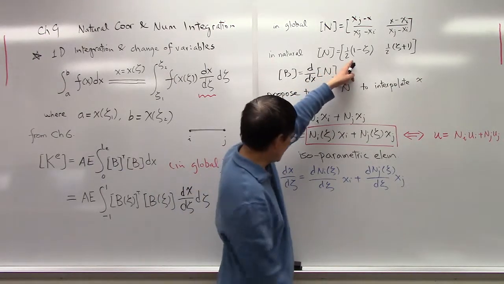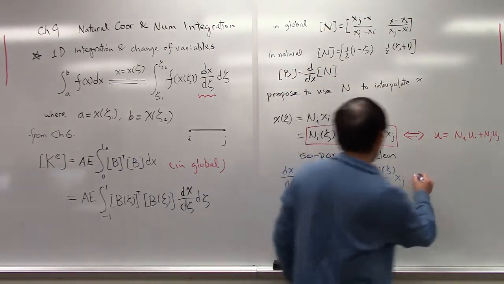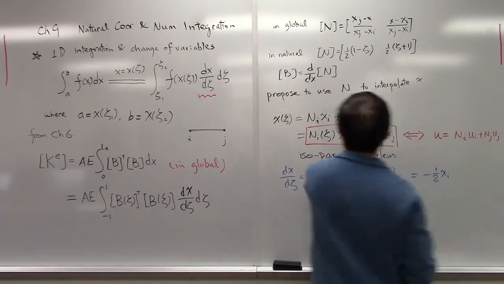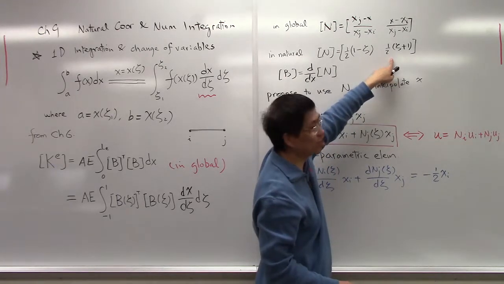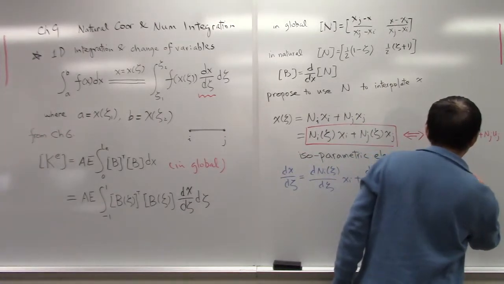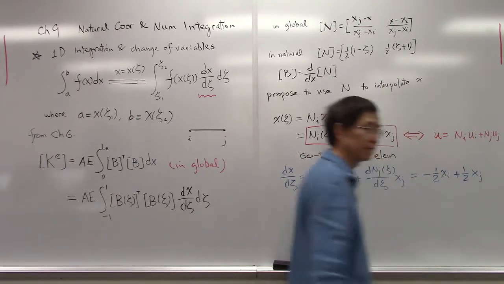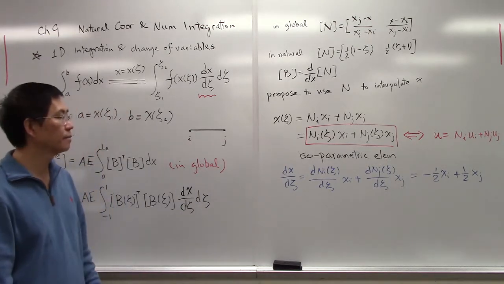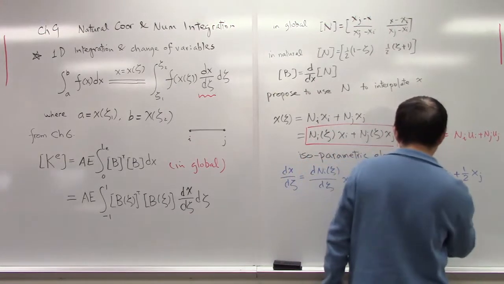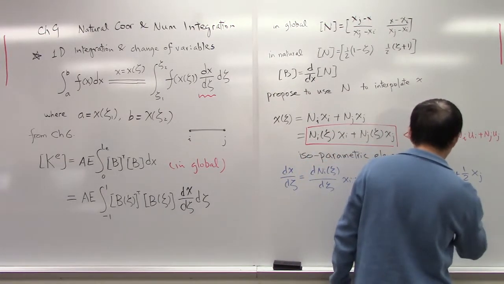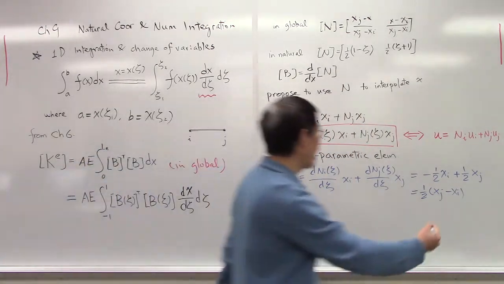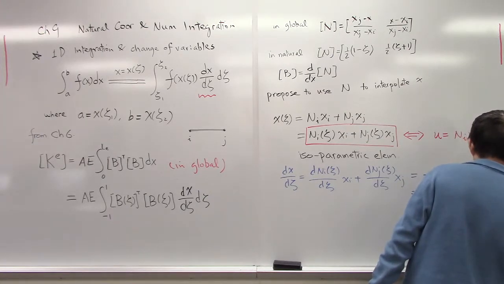And dNi d theta is negative half, times xi. Here, dNj d theta, this one is plus half, times xj. We also know that this is equal to half of xj minus xi. But xj minus xi is exactly the length of the element, so it's Le over 2.